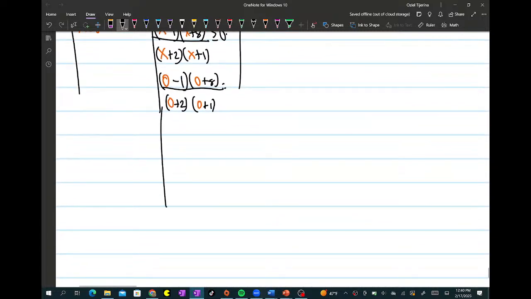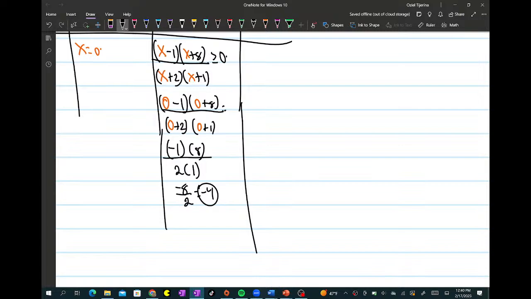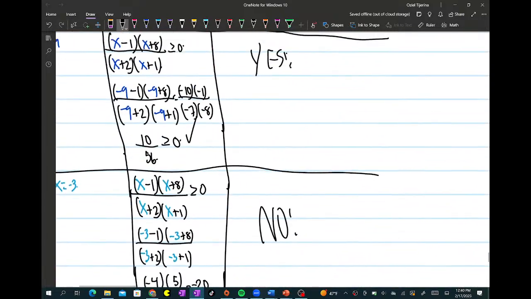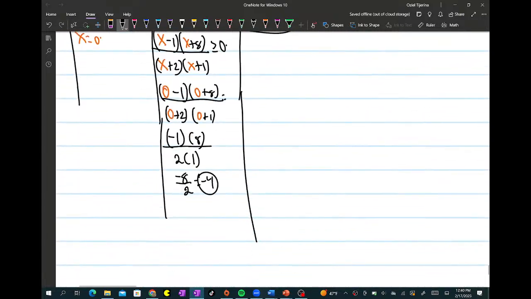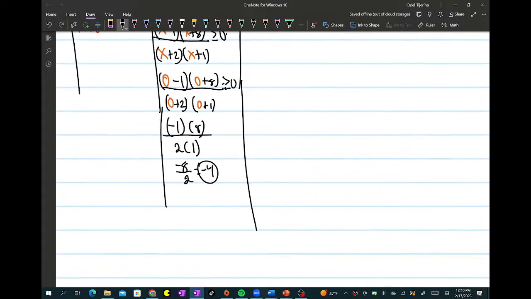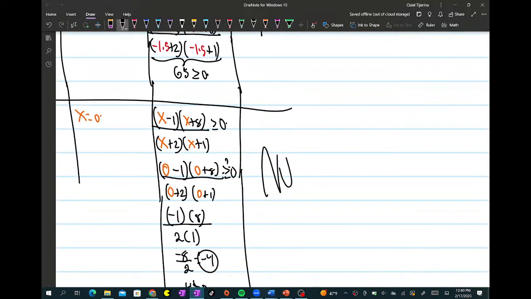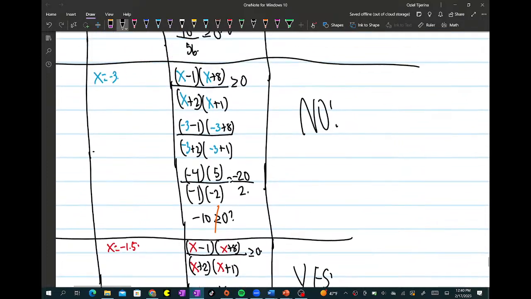So this is negative 1 times 8 over 2 times 1, just negative 8 over 2, which is negative 4. And again, we wanted to know if this is greater than or equal to 0, right? Negative 4 is not greater than or equal to 0, so this cannot work, right?